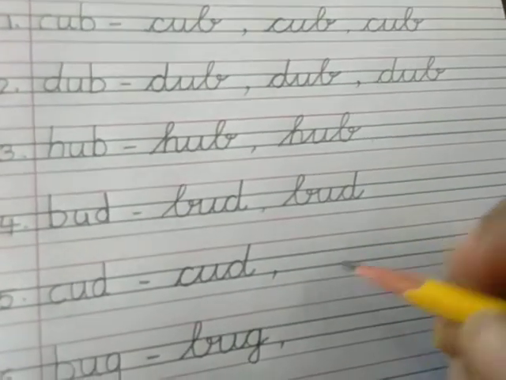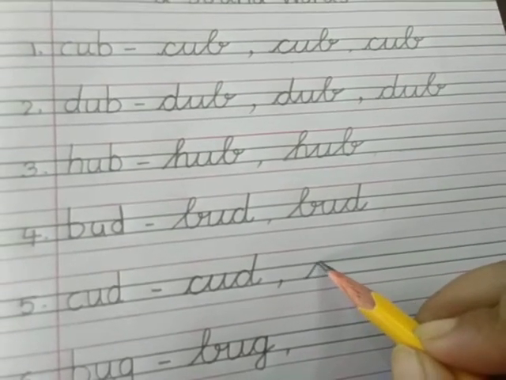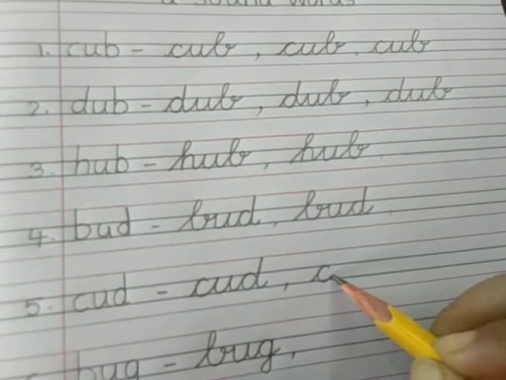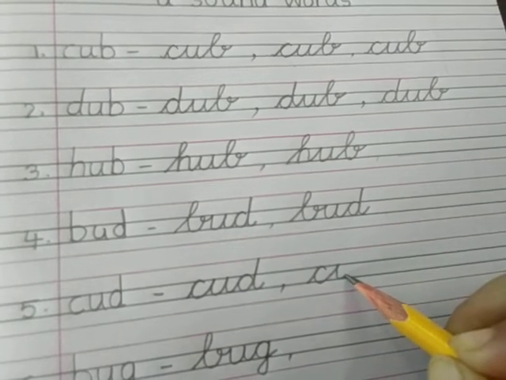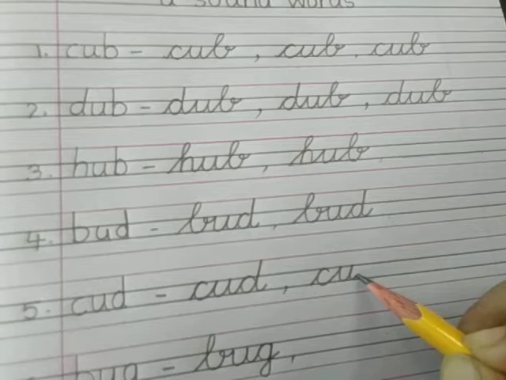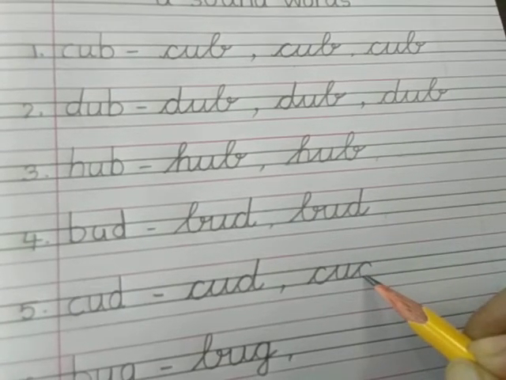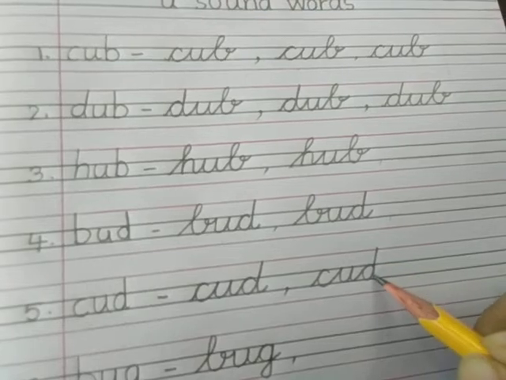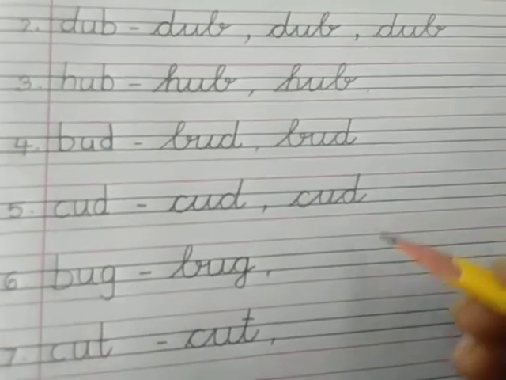Next is C-U-D, cud. C is completed. Start U. U is completed. Write D. C-U-D, cud.